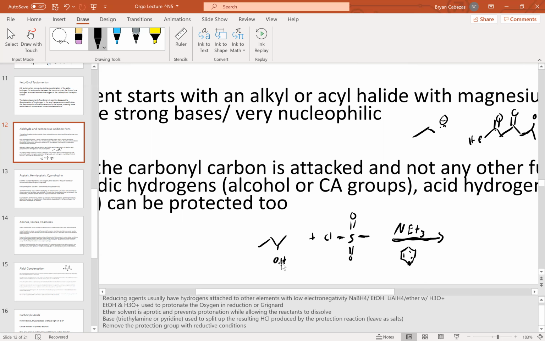They're going to take out the hydrogen from our OH, and the O is now going to become nucleophilic as it has a lone pair and negative charge once the hydrogen is removed.